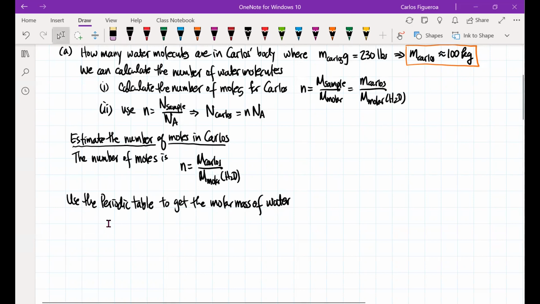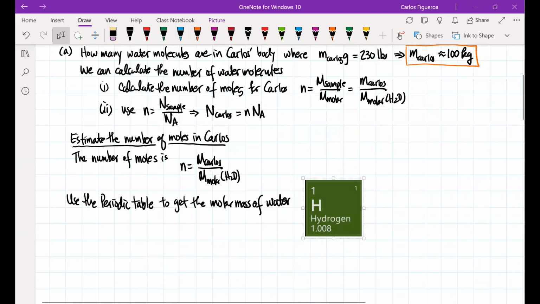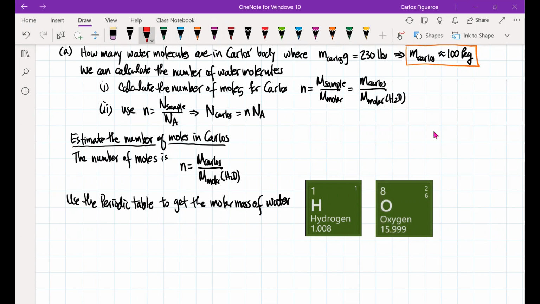From the periodic table, I've got hydrogen, and now I'm going to put in oxygen. What we're really paying attention to is these numbers here. I'm going to approximate the mass of hydrogen to exactly 1 and oxygen to 16, looking at the atomic mass number.